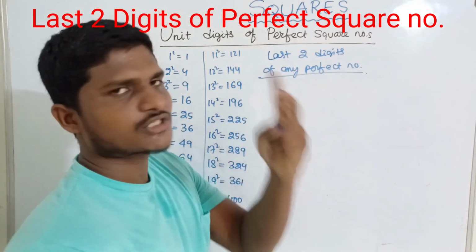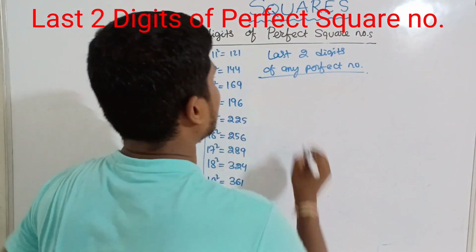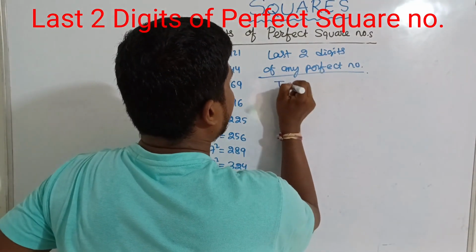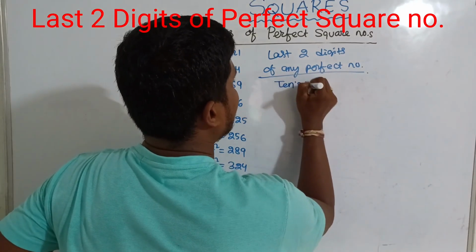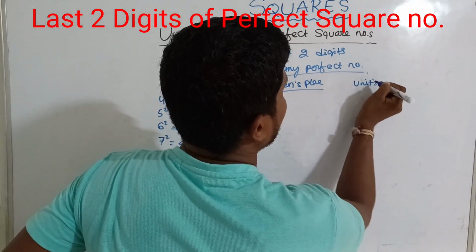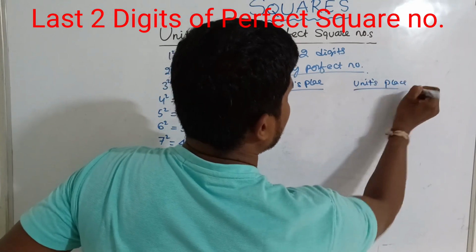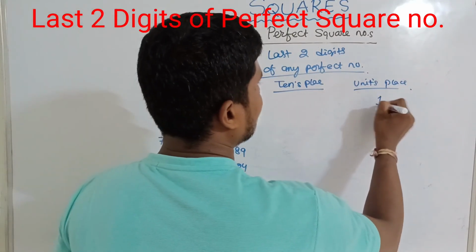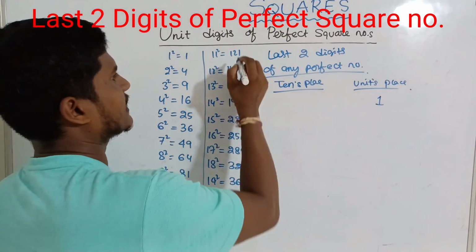Now there are the last two digits. What are the last two digits? They are fixed. Suppose here write the tens place, and this is the units place. Suppose the units place is 1, there is always a fixed tens place. Look at this.